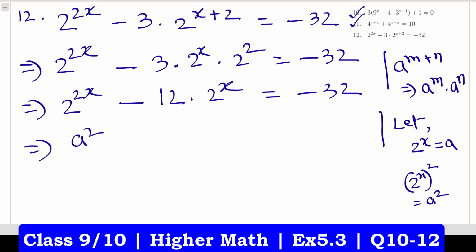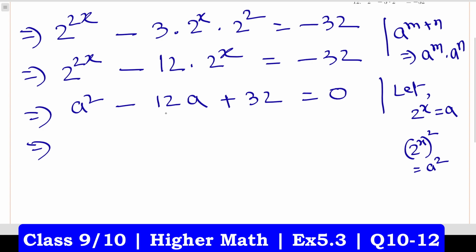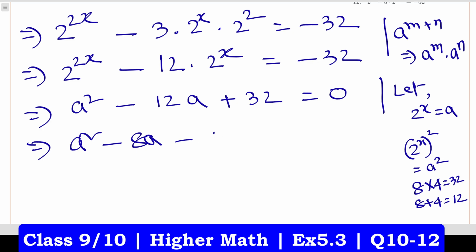So we can write a square minus 12a, and we are adding both sides by 32, so it will be 32 equals 0. 8 times 4 is 32, and 8 plus 4 equals 12. So this one we can write a square minus 8a minus 4a plus 32 equals 0.